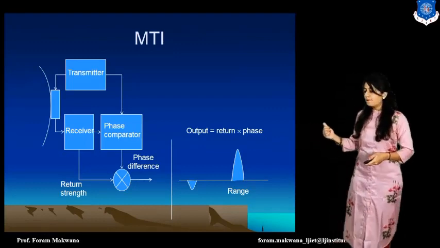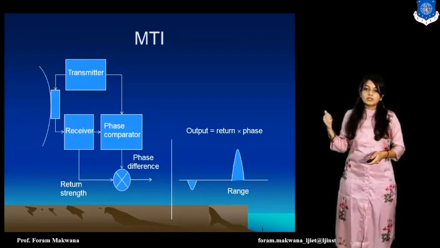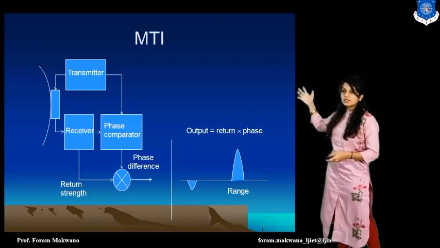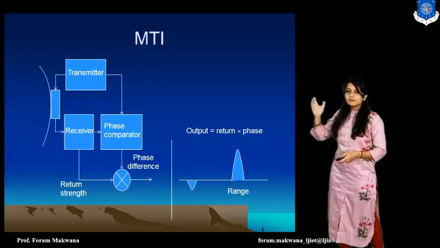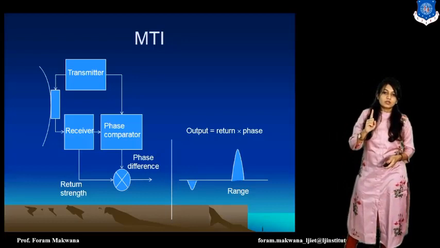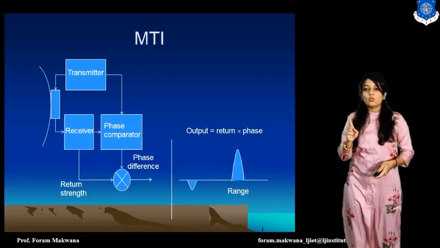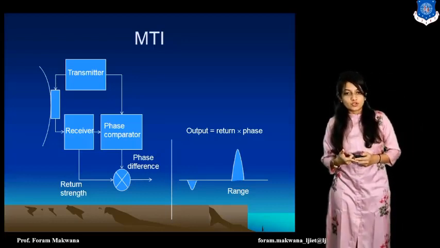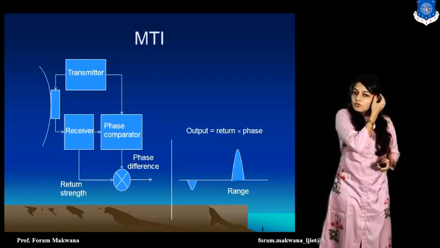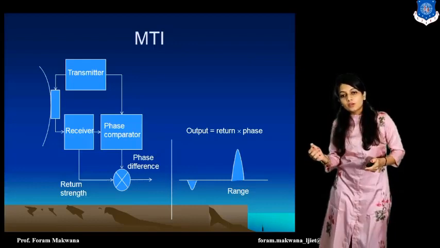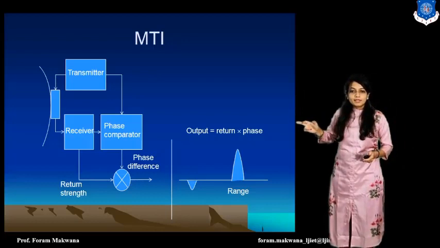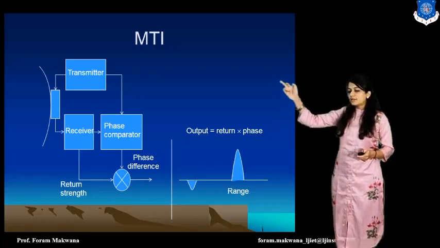Now, this is the block diagram of MTI. The upper portion shows the transmitter, and only a single antenna is there. That single antenna will act as the transmitting as well as the receiving antenna with the help of a duplexer. At the time of transmission, the duplexer will connect the switch to the transmitting equipment.